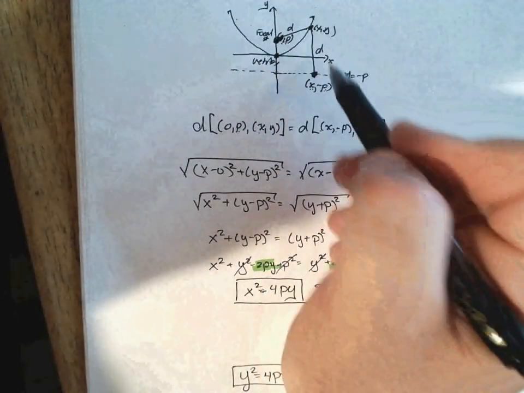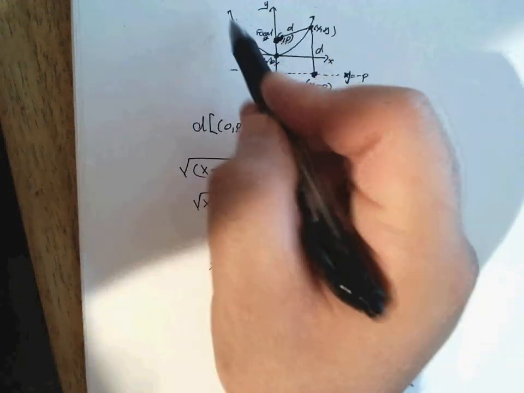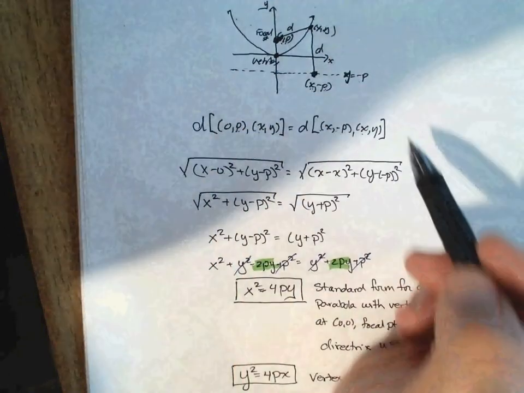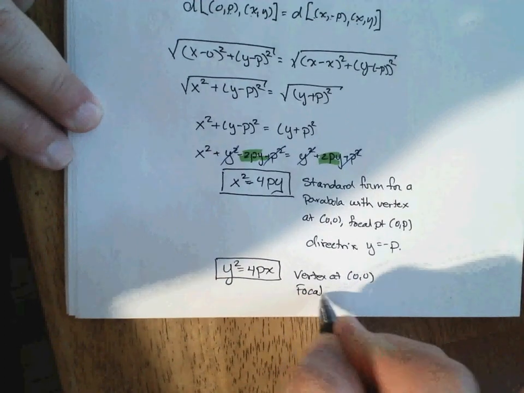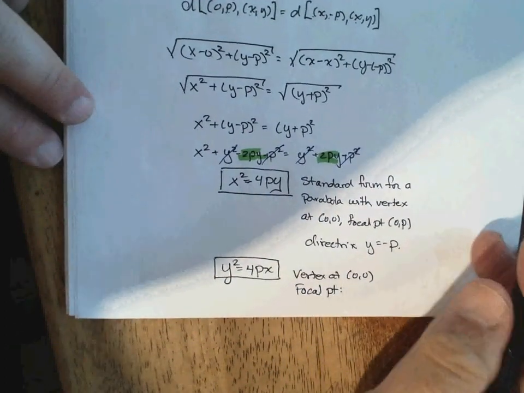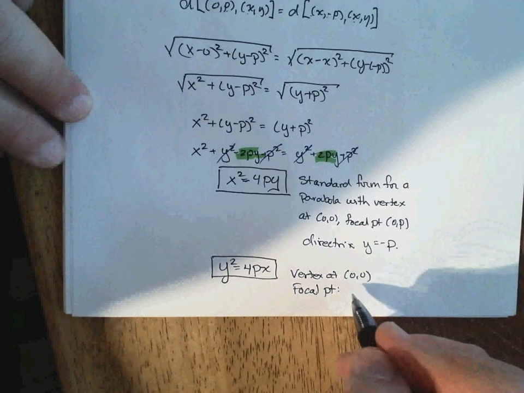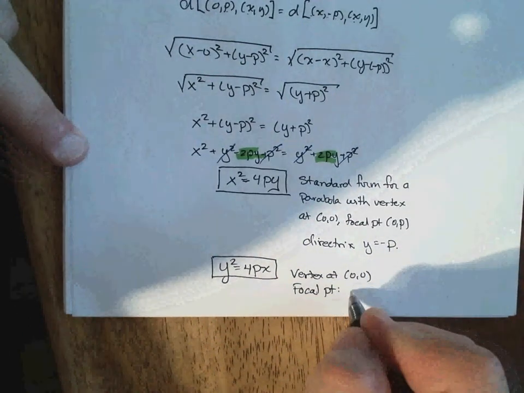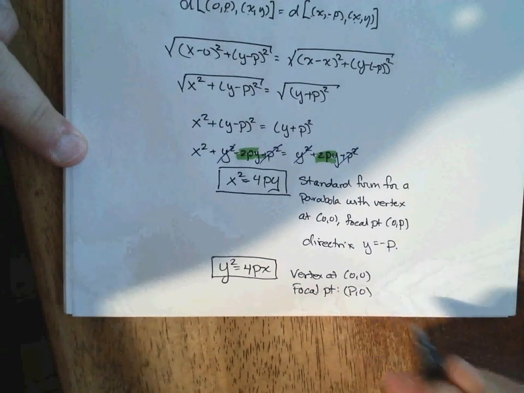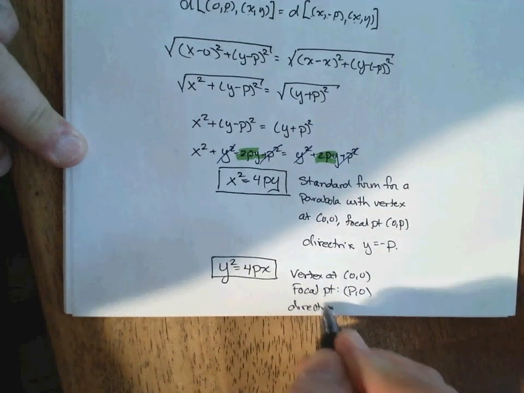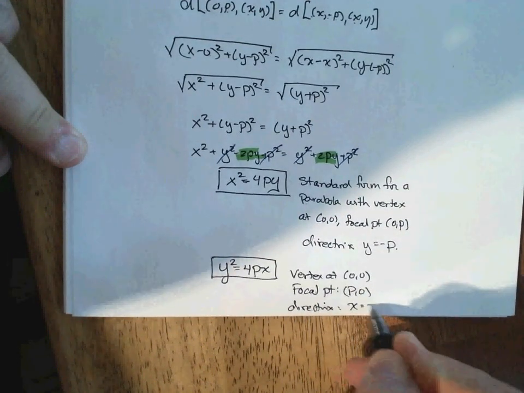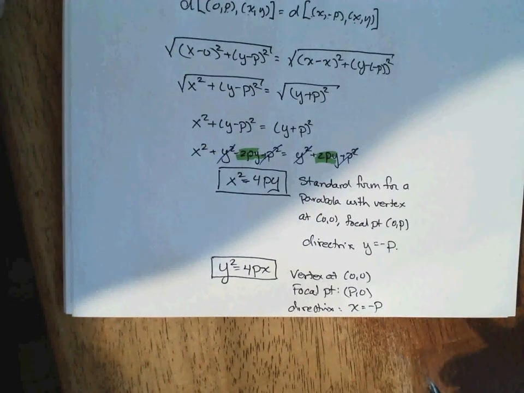So that means your focal point is over here and your directrix is over here as a vertical line. So now your focal point, instead of it being at (0, p), is going to be along the x-axis. It's going to be at (p, 0). And the directrix is now the line x equals negative p.